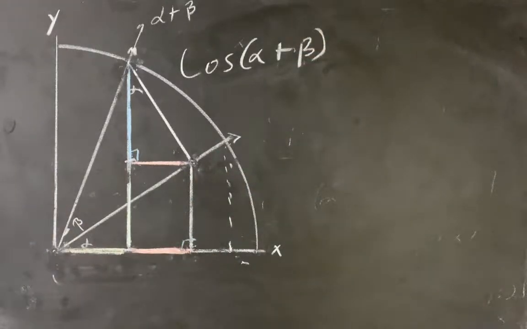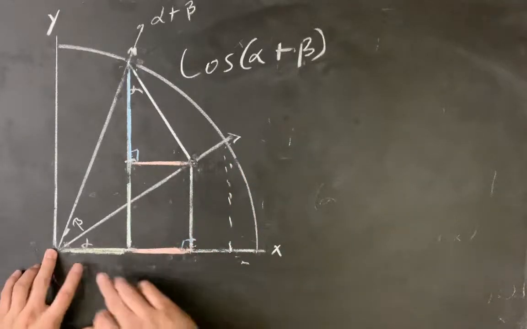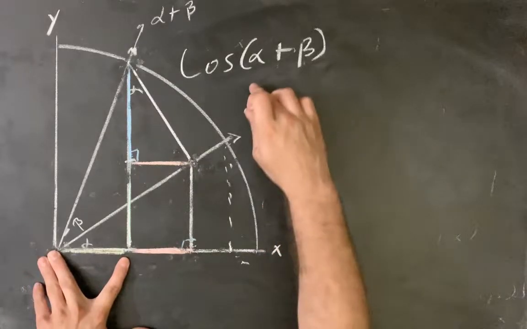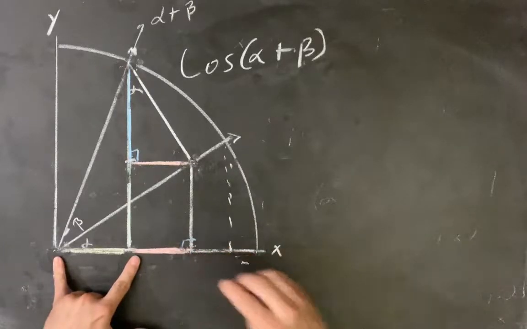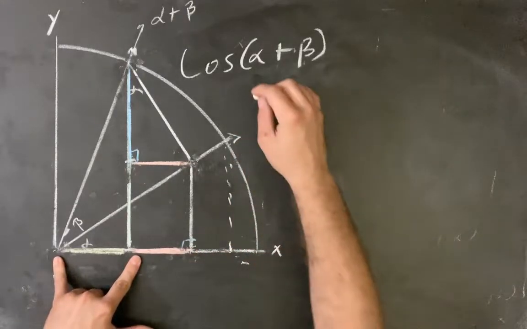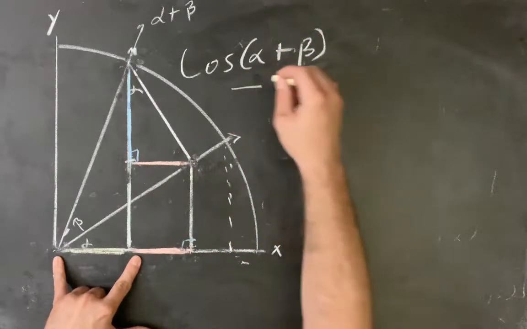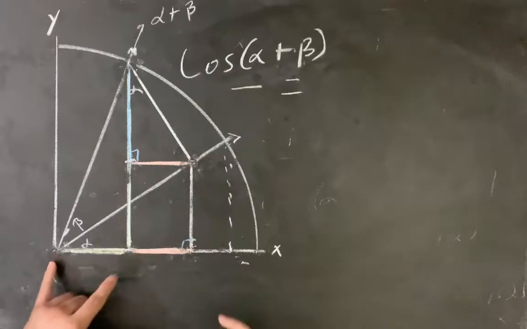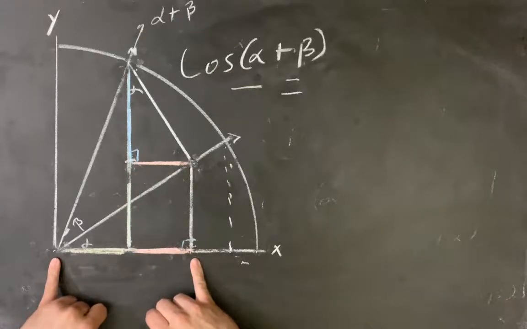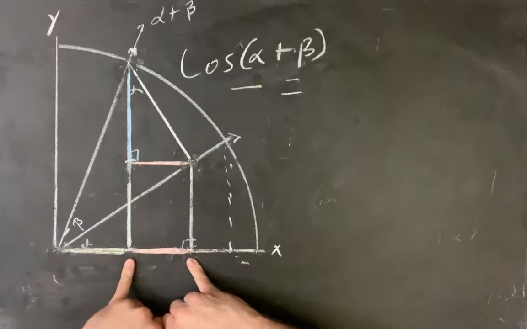Earlier in the video, we talked about what the cosine length is, and that's the x component. So we're finding the x component of the ray that's formed by angles alpha plus beta, which would be this length here in yellow. So we're trying to find yellow. We find yellow by taking the total length, subtracting this smaller red length.